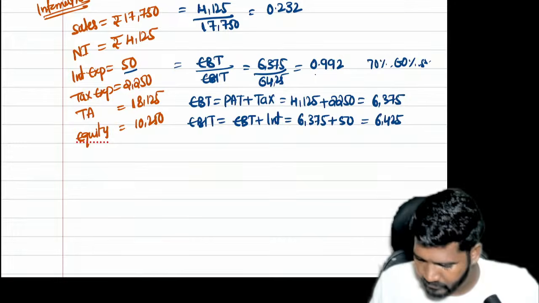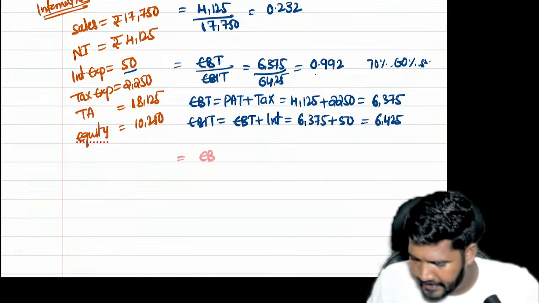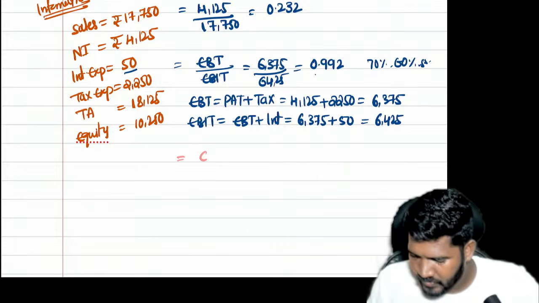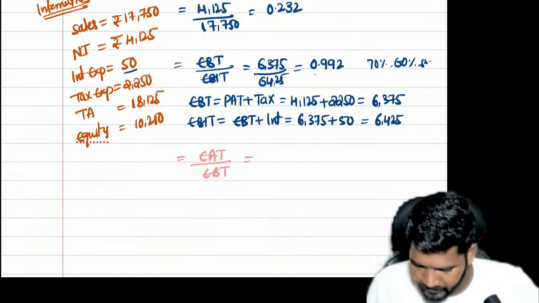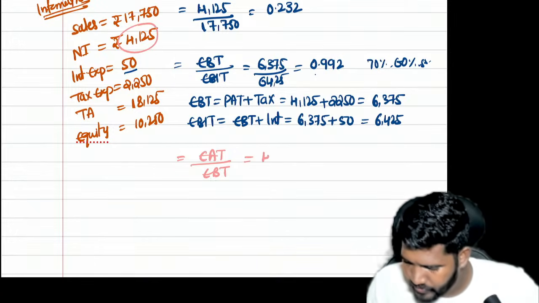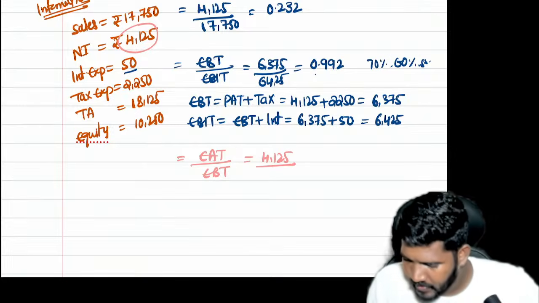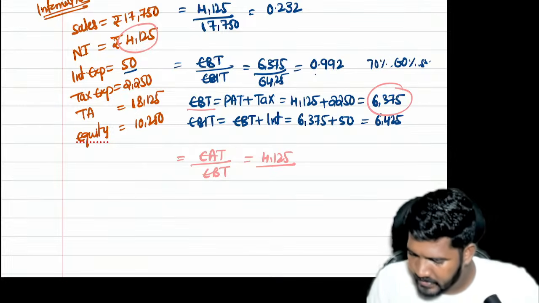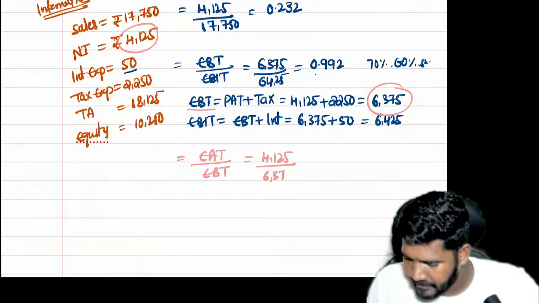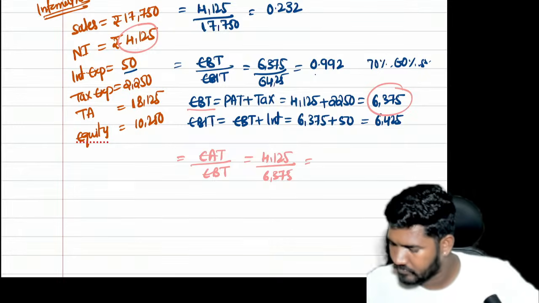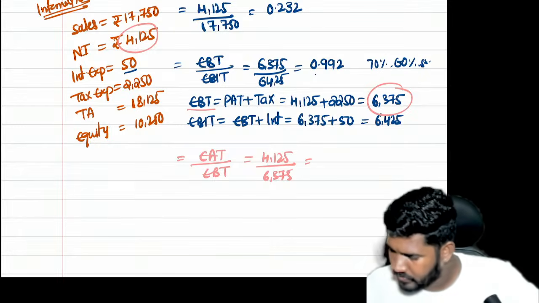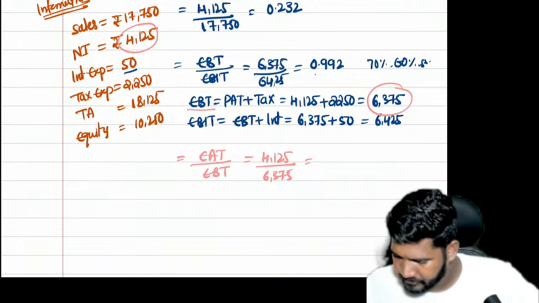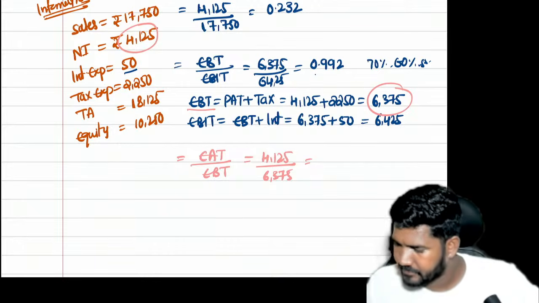Next, EAT divided by EBT. EAT is nothing but net income, 4,125. EBT I calculated here, 6,375. 4,125 divided by 6,375.